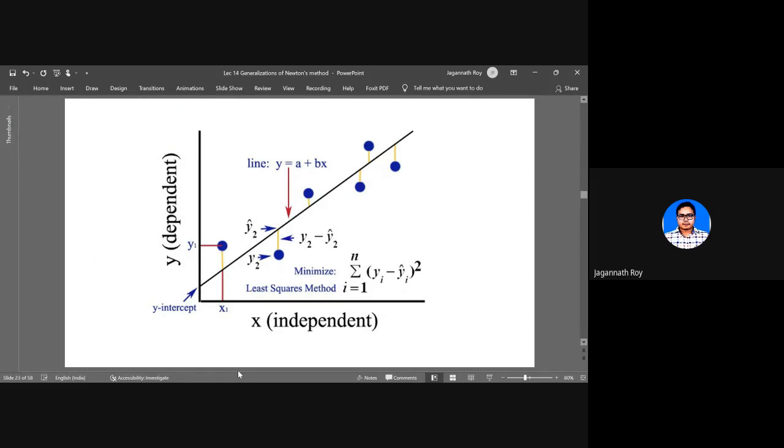Suppose we have a set of data x_i, y_i given, x1 and so on. Some values are given in a data table. Now we have to approximate.